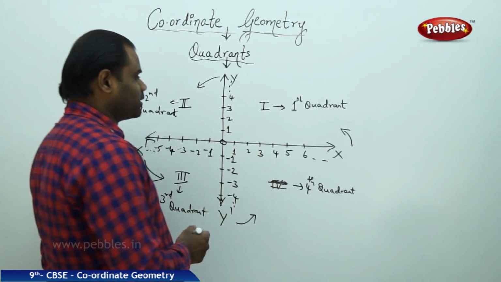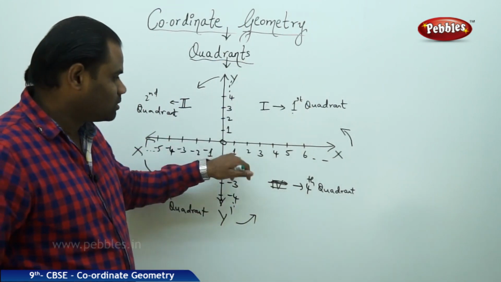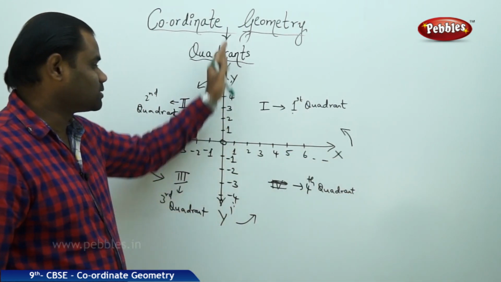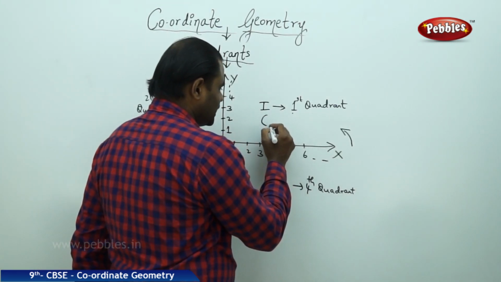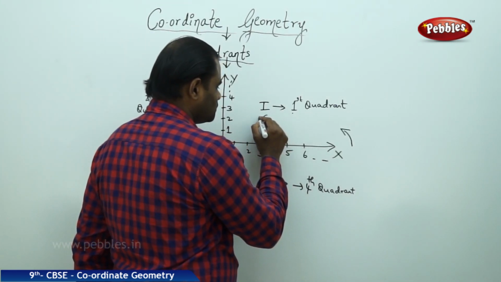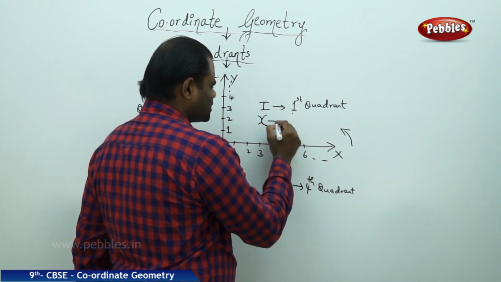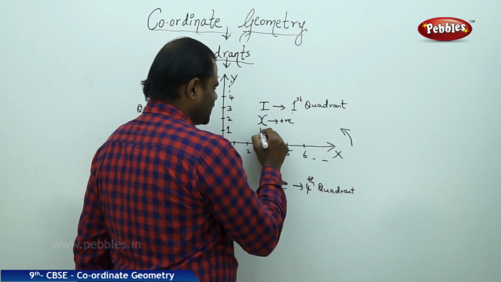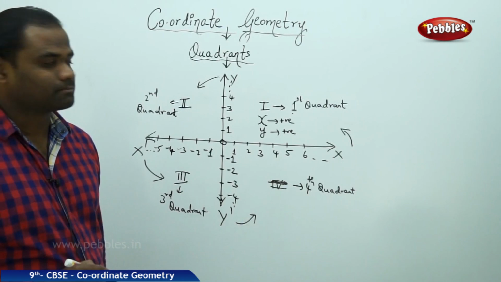When I see the first quadrant, I always see that this is the region which refers to positive x values and positive y values. So I have this x value as positive, usually the point which refers to the x value as positive and the y value as also positive in this region.